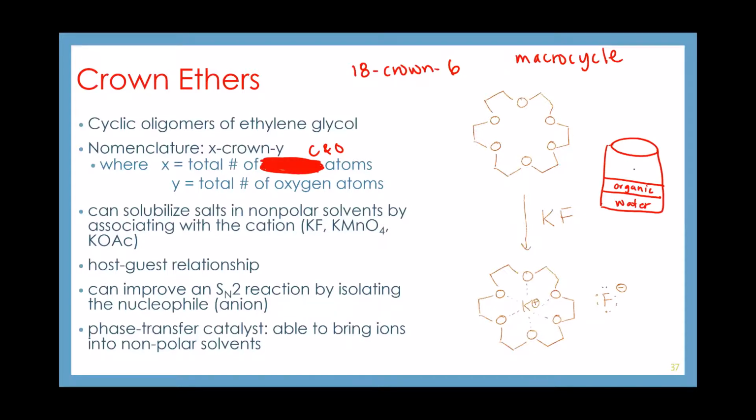And your organic layer might have, say, an alkyl halide or something that's not soluble in water. And in water, you have a salt. Now you introduce the crown ether and you stir or shake your reaction mixture. Your crown ether can help pull ions from water into your organic layer. It's not going to cause your layers to mix necessarily, but it will help you move what you need from the water layer to the organic layer. So this is why it's called a phase transfer catalyst. It can bring something from aqueous to organic.